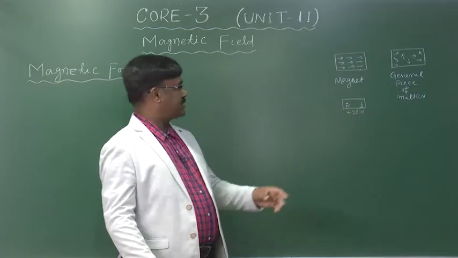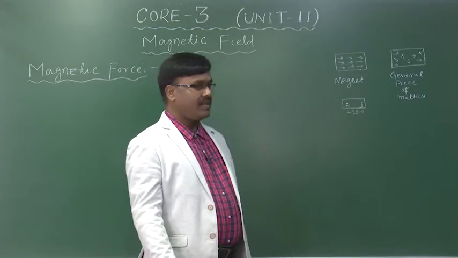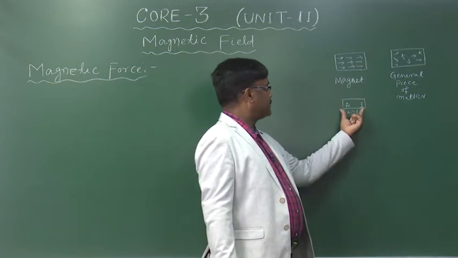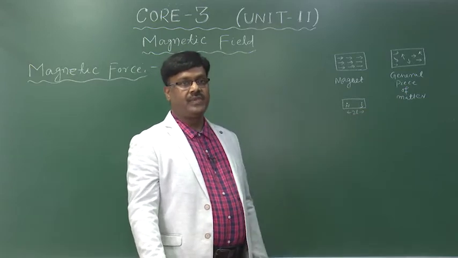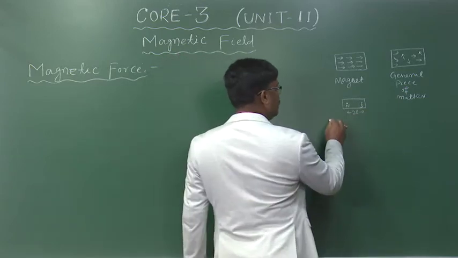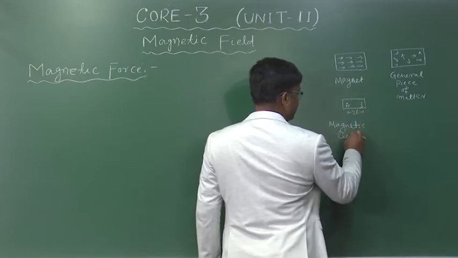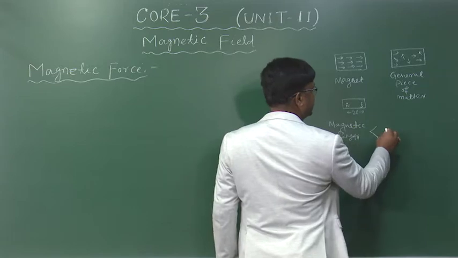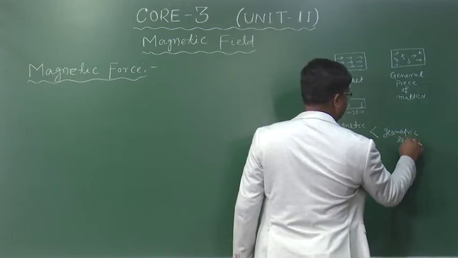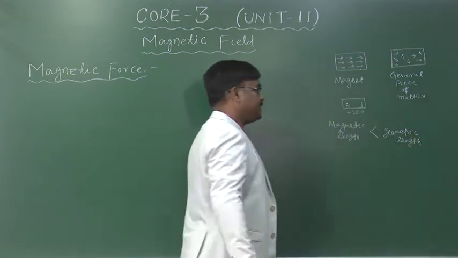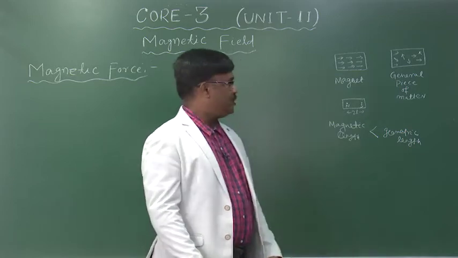The two poles lie near the two ends of the magnet. But the actual length of the magnet is known as the geometric length, and the magnetic length is always less than the geometric length. The ratio of magnetic length to geometric length is about 0.84.